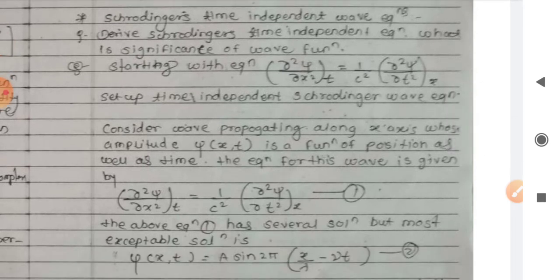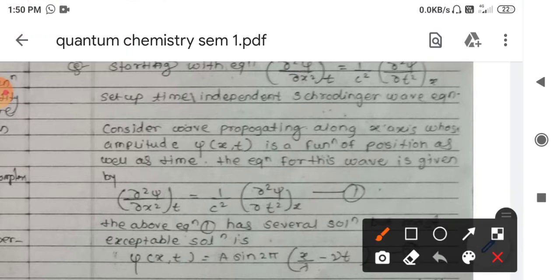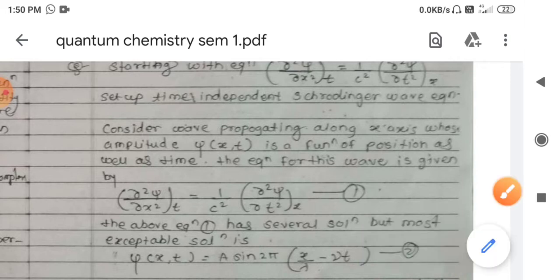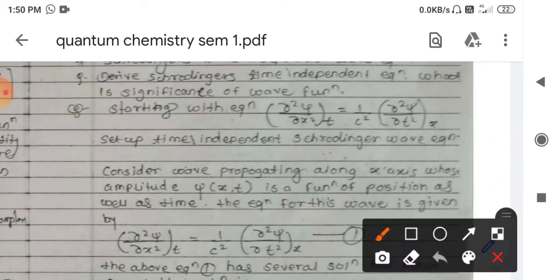So now consider the Schrodinger time independent equation. We have the standard equation: d2 psi upon dx square, keeping time constant, is equal to 1 upon c square into d2 psi upon dt square, keeping the position coordinate constant.